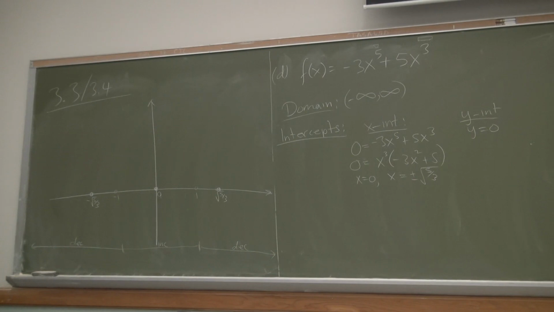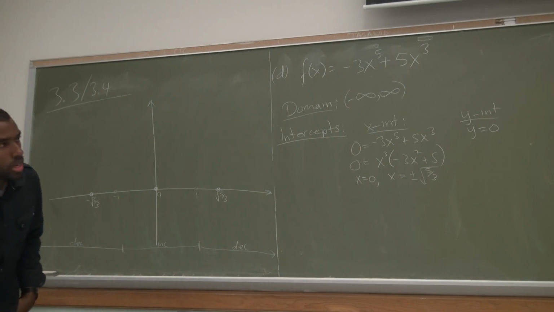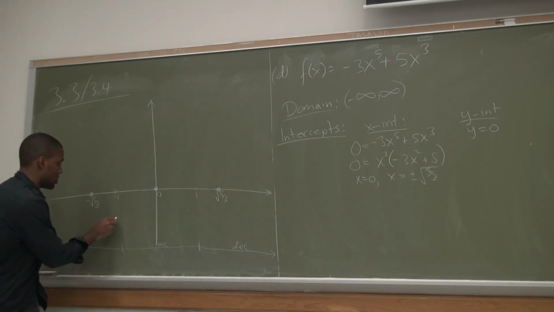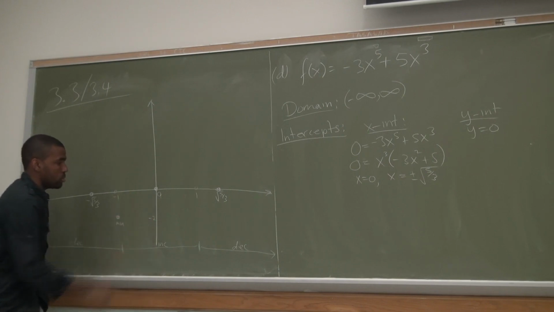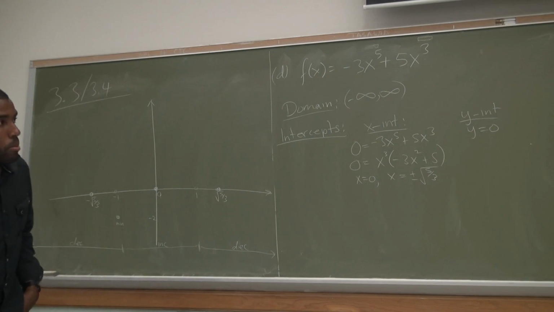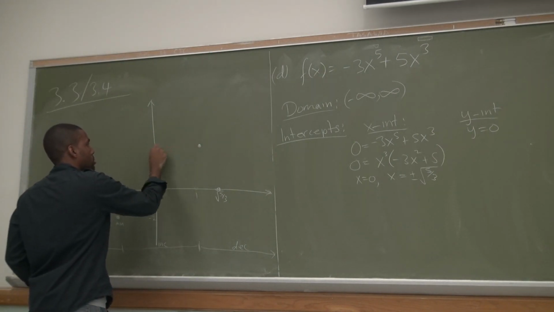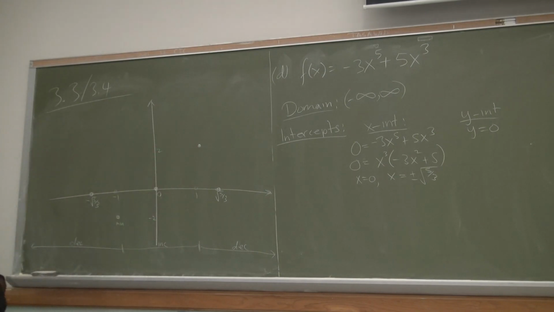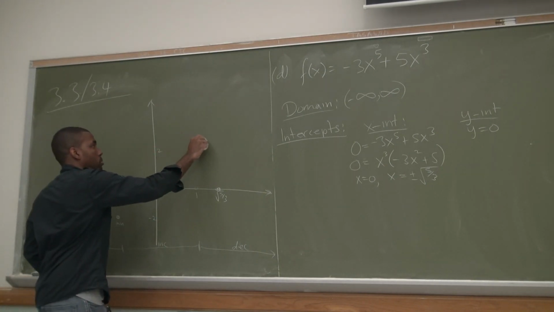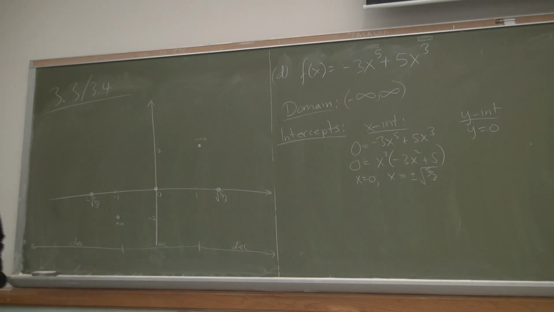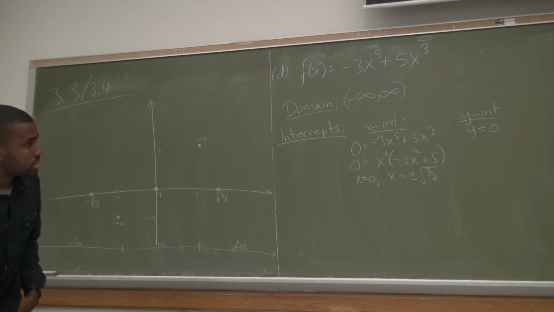We have a minimum at -1, -2. So this here is going to be a minimum at -2. We have a maximum at 1, 2. This here is going to be a maximum, and that's everything our first derivative tells us.